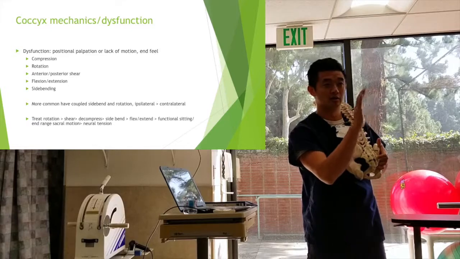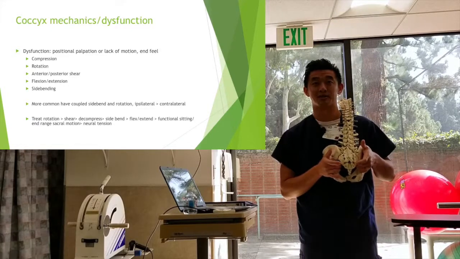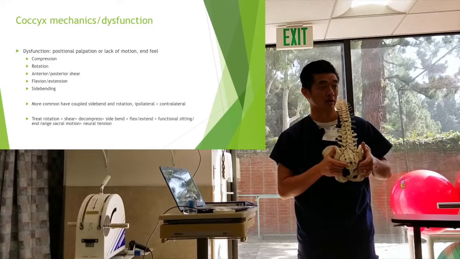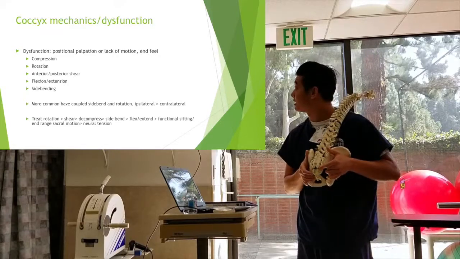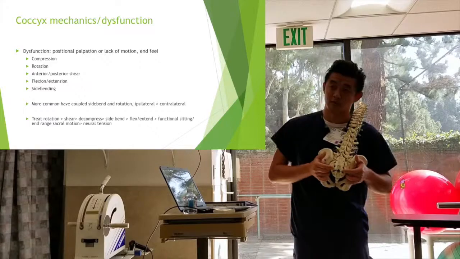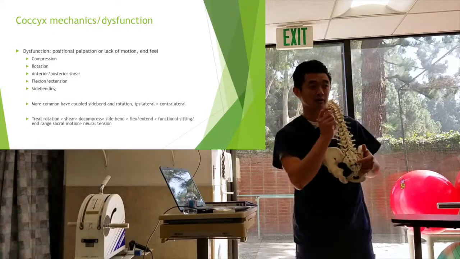Rotation, forward, backward on this guy. And then you would feel the transverse processes, the term would be lipping that they use. Basically, one is higher, one is lower, one is more pronounced, etc. The side bend, up, down. Obviously, that's common sense. Up, down, side bending. And then anterior, posterior shear, forward, backward.